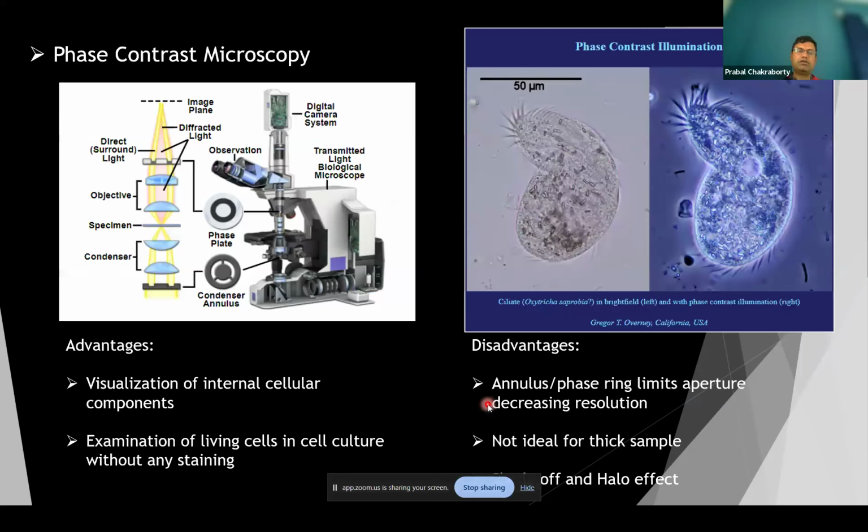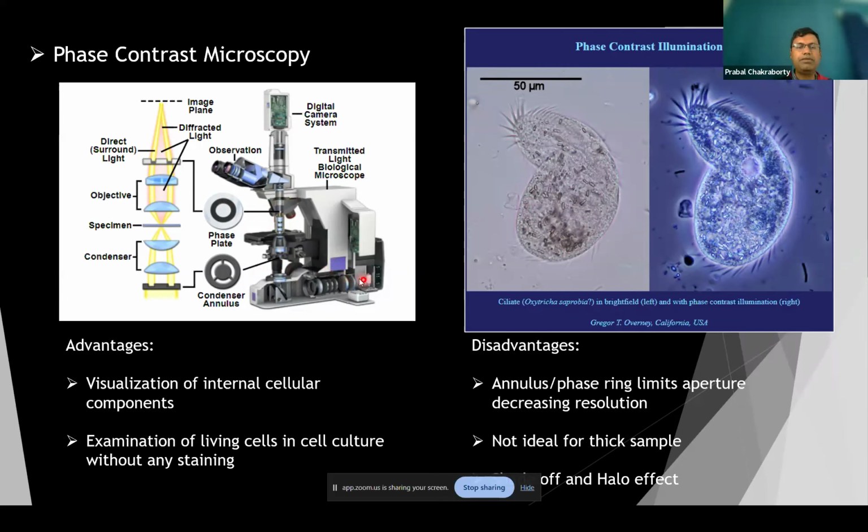For phase contrast microscopy, there are two components required. One is called the phase annulus, and another is called the condenser annulus or condenser ring. The phase annulus is placed before the objective, inside the objective there is a ring, and in the condenser turret we can put the other ring. When the two come into the optical path, only then is this phase effect created.